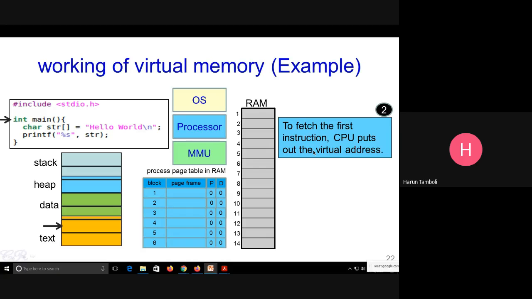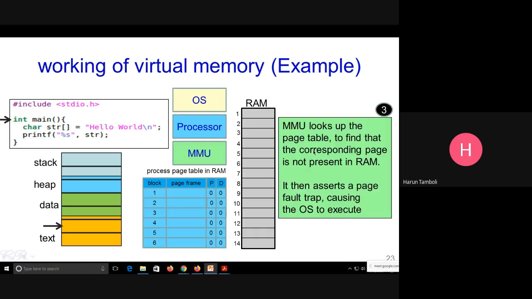It will transfer that address to the MMU. The MMU looks up into the page table for that address. Then that page is not present, so page not present generates a page fault interrupt.